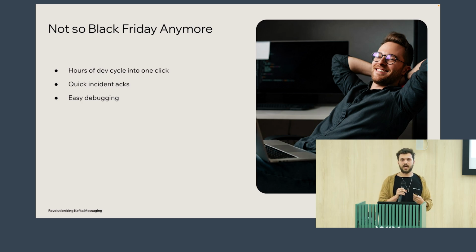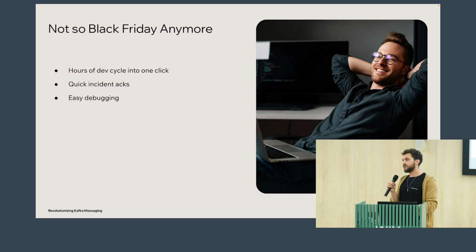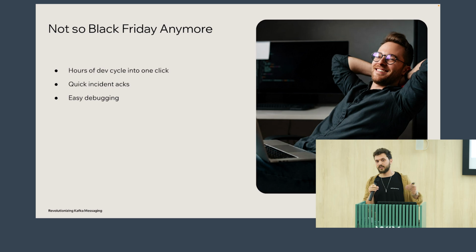Now let's see how we can handle a situation like this with the tools that we give you. In cases like that, the first thing that we could have used was the ad hoc consumer. We could have easily found out through the dashboard which messages were the ones that were not handled properly.